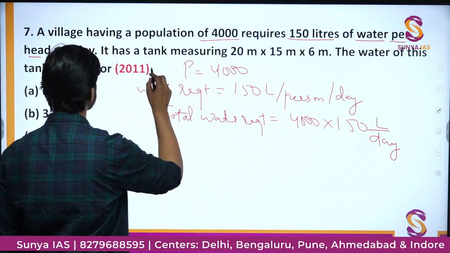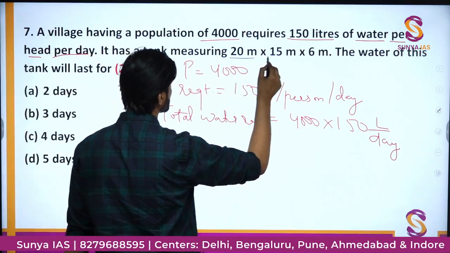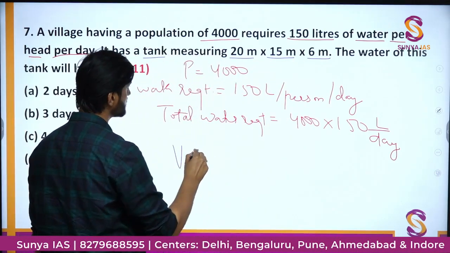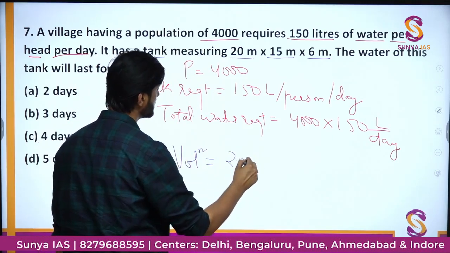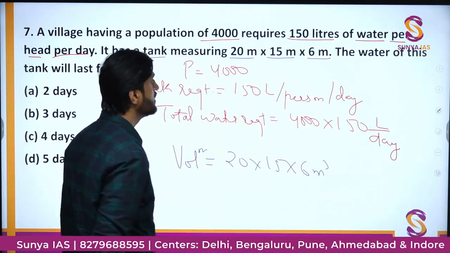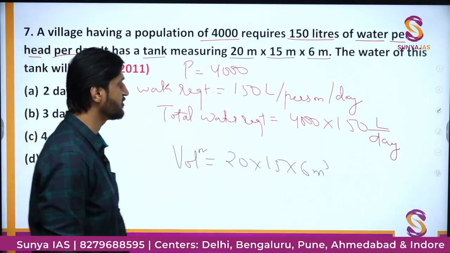Now the village has a tank which measures like this, 20 meter into 15 meter into 6 meter. Okay, so what is the volume of the tank? It is 20 into 15 into 6 meter cube. So the water of this tank will last for how many days?